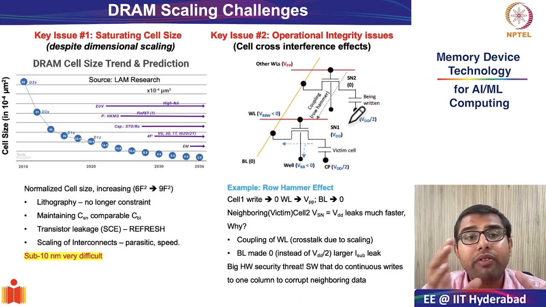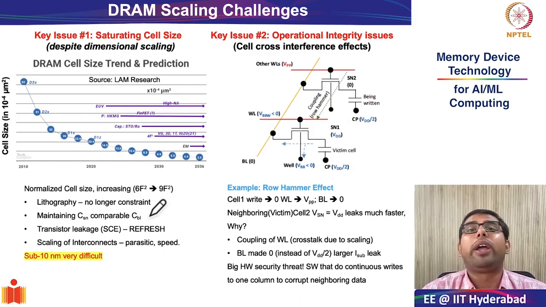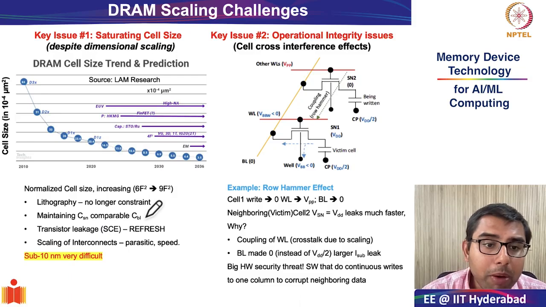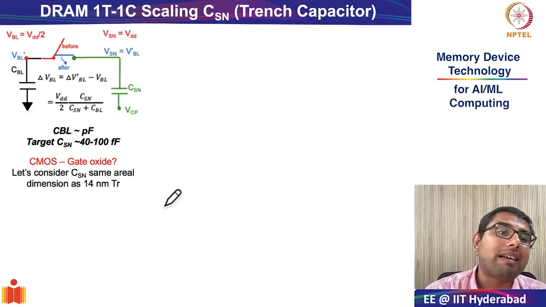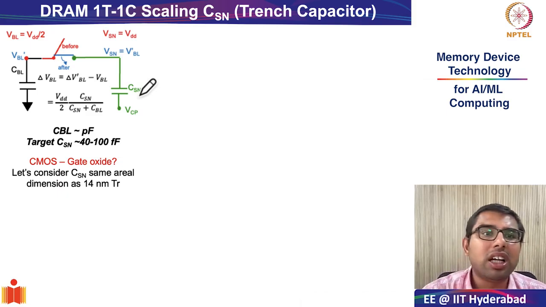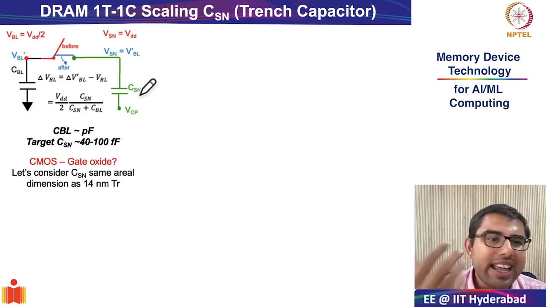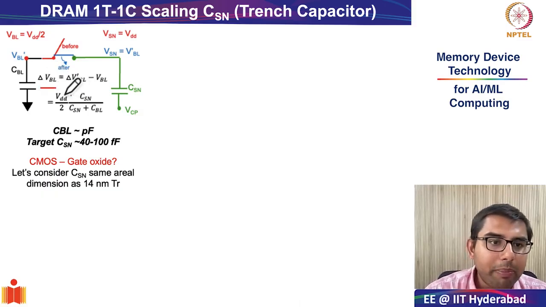Now that we have discussed the main DRAM scaling challenges, we will start looking for solutions. Remember, the key problem was trying to maintain a respectable value of capacitance compared to the bit line capacitance. We have been looking at the shared capacitor charge sharing model for DRAM in detail, so I will not repeat it. Remember, the change in the bit line value was VDD by 2 multiplied by the charge sharing ratio.